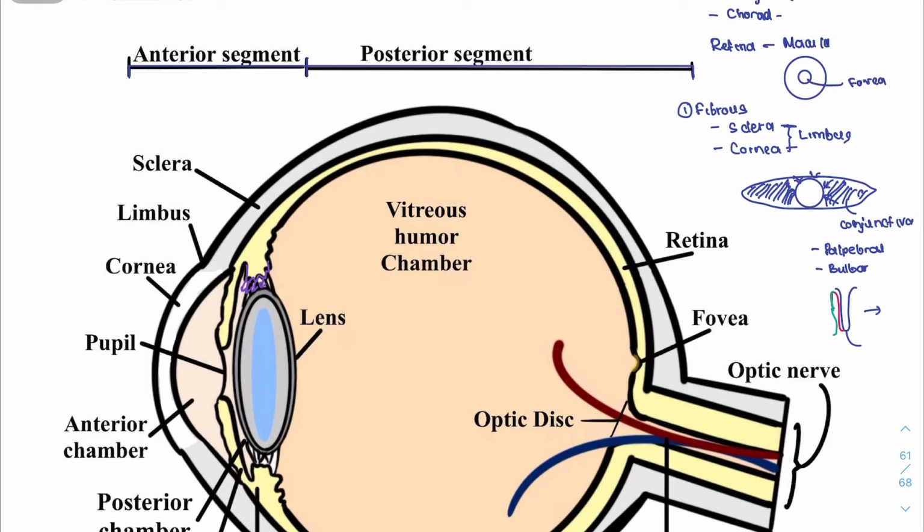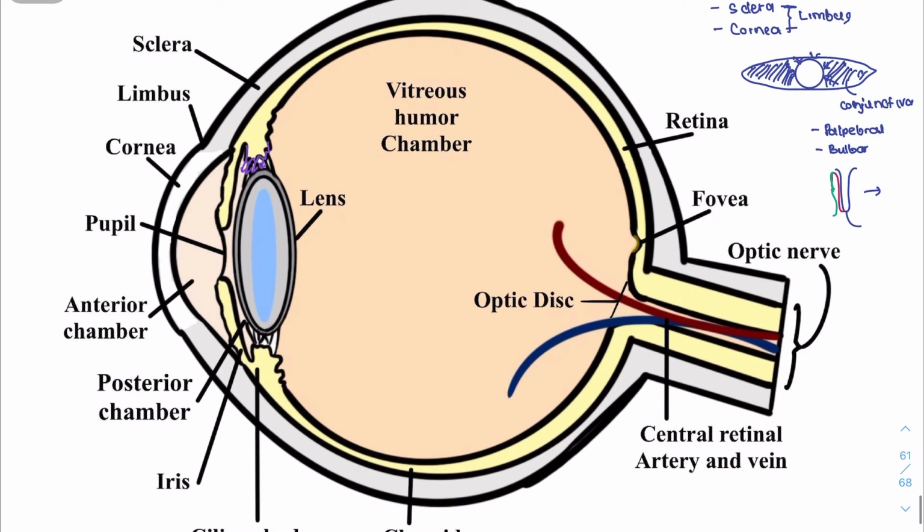This is the location where you have the highest concentration of cones anywhere in the eye. So there's one more important thing. Blood vessels will be present below in the uveal layer, but they never cross into the fovea. So they tend to make a margin around it.